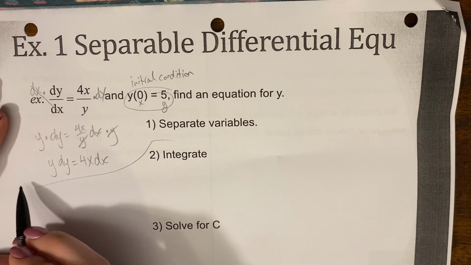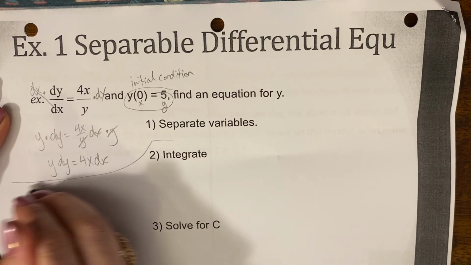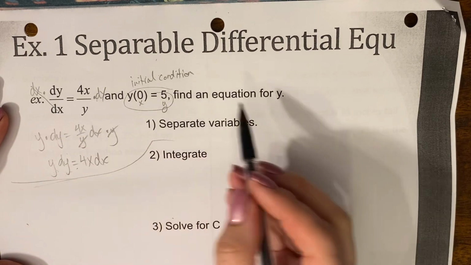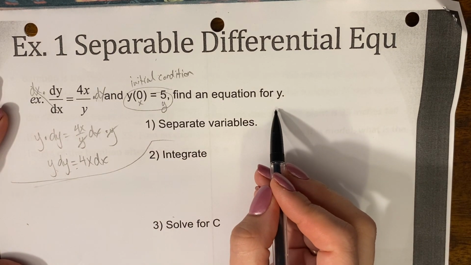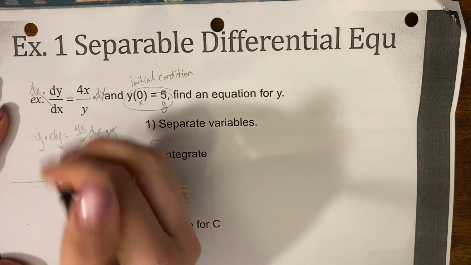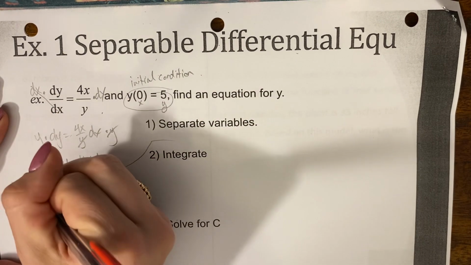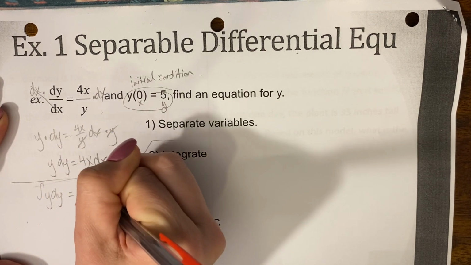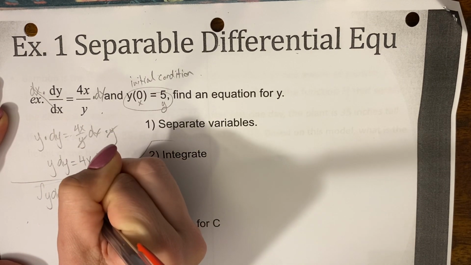Okay, step two is I'm going to integrate both sides. Why? Because I have a derivative and I want to find an equation. I have dy dx and I want to find an equation for y, so that's an antiderivative or an integral. So I'm going to integrate y dy, and I'm going to integrate 4x dx.